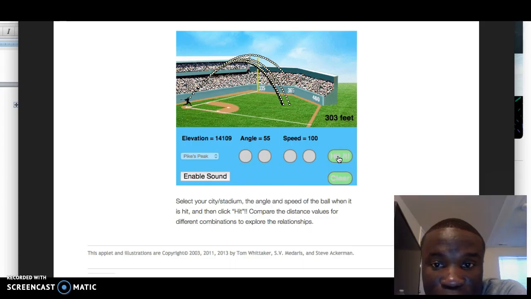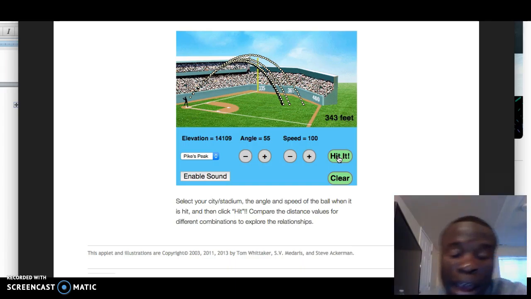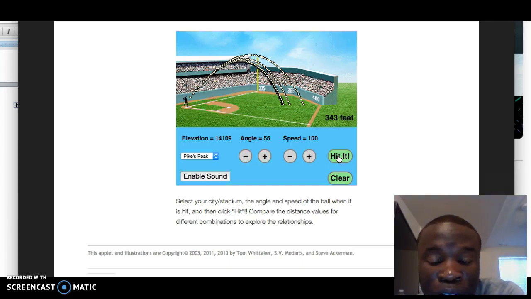With the higher elevations, this move up to a lot better. So the higher elevations, which is 14,109, and the angle is 55-degree angle and 100 miles an hour speed, I think is the best place to play.